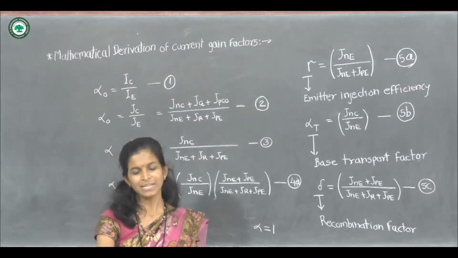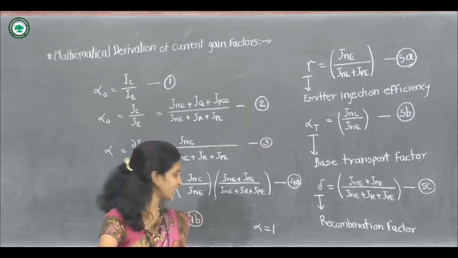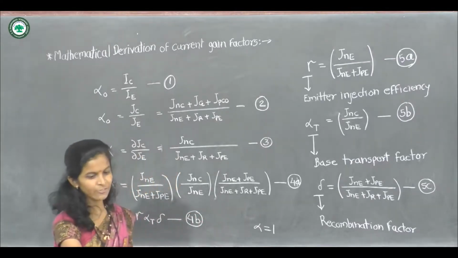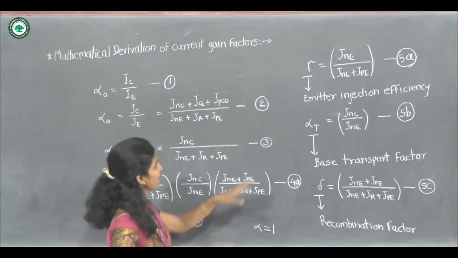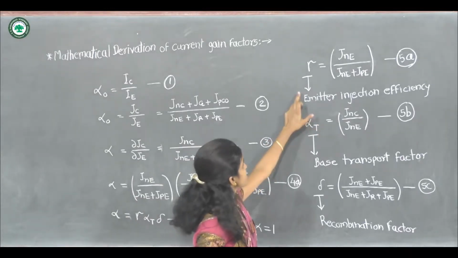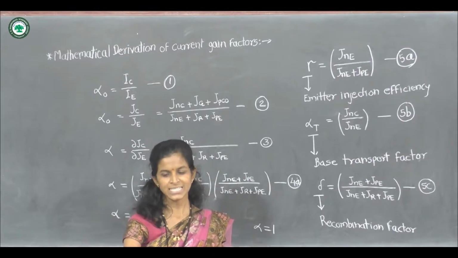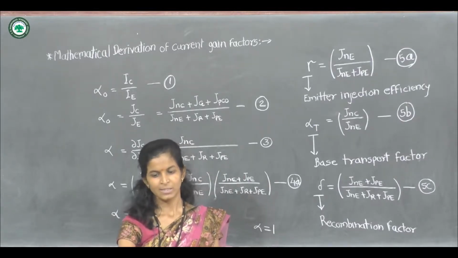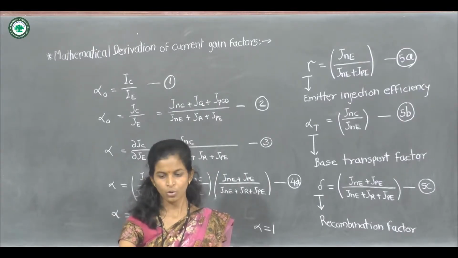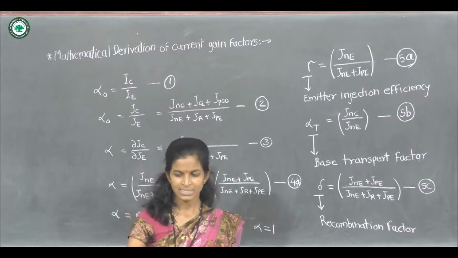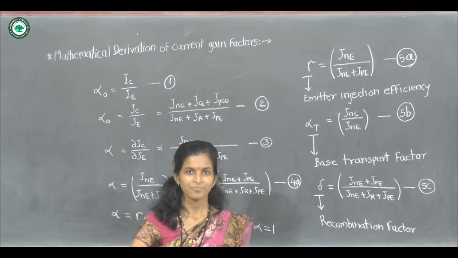The emitter injection efficiency factor, given by gamma, takes into account the minority carrier hole diffusion current in the emitter.